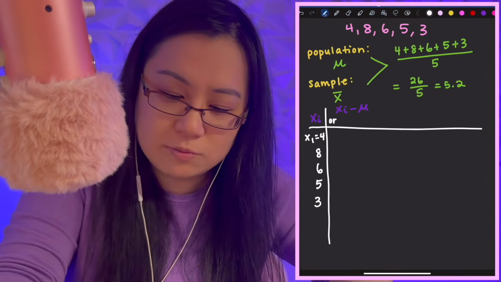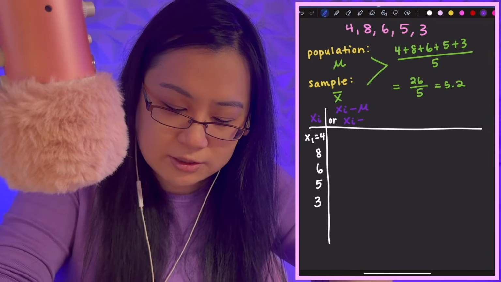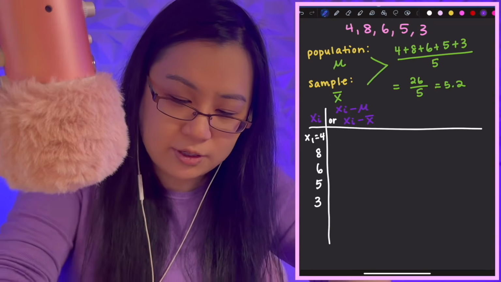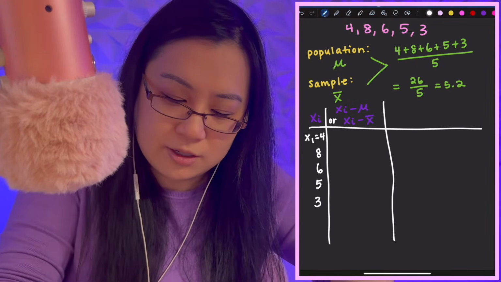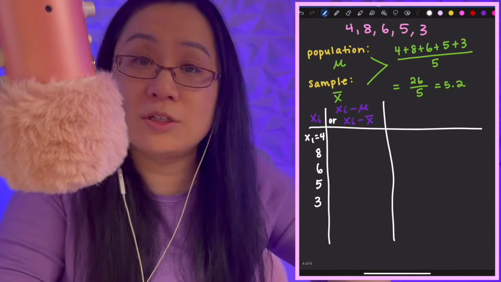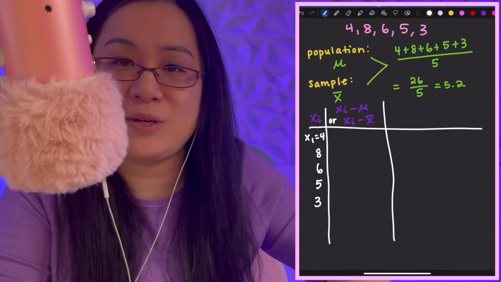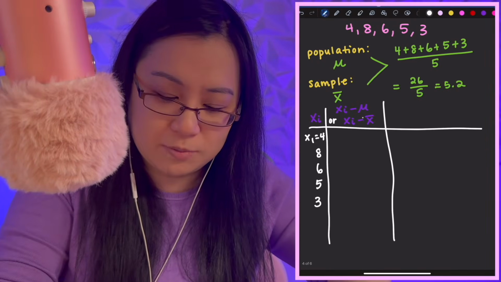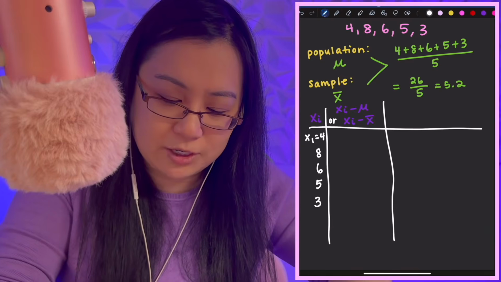Either way, that's just which row to label. If you were to do this on, for instance, an AP statistics test, you would want to pick which one applies here. So not both, you would just do mu or x bar.